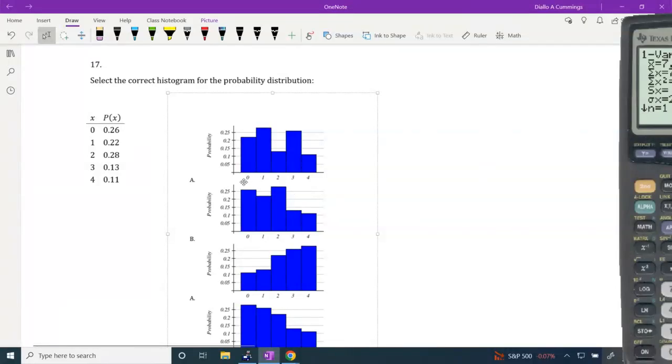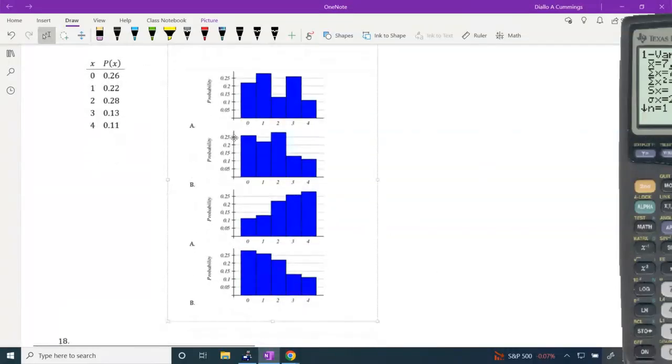So notice on all of these histograms, the horizontal axis is 0, 1, 2, 3, 4, which represents your random variables. Your probability is actually the height of each one of these rectangles.